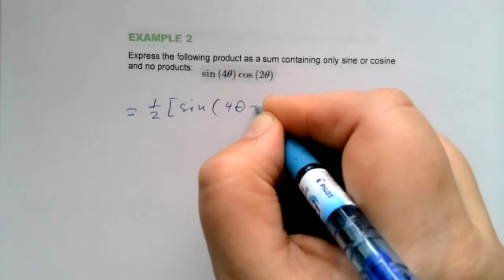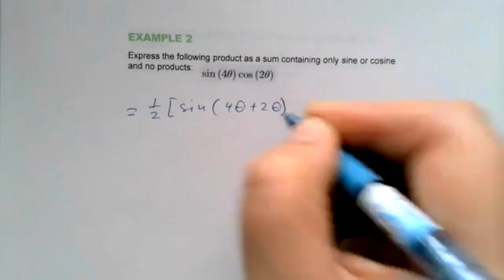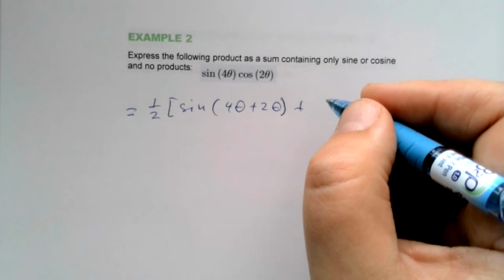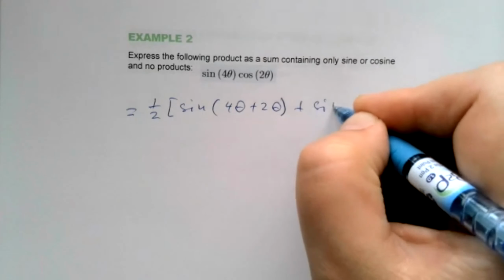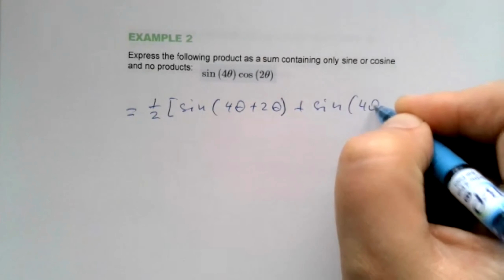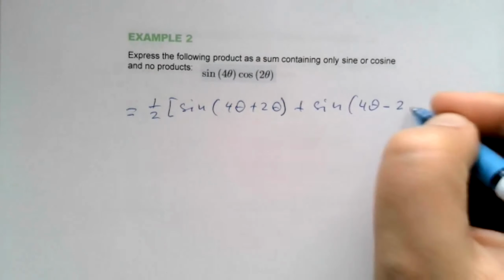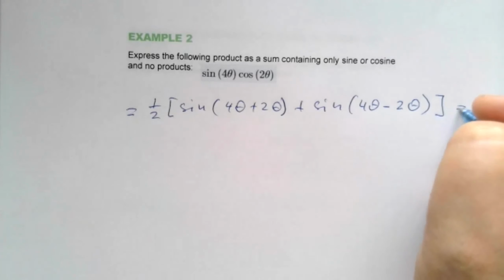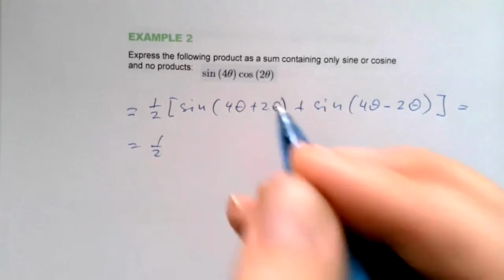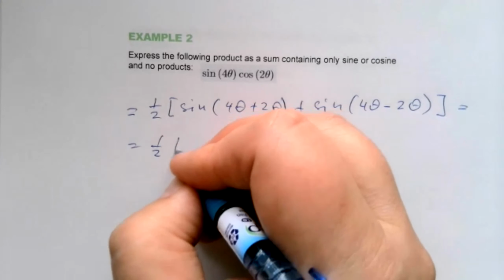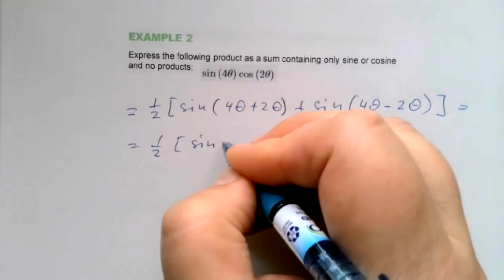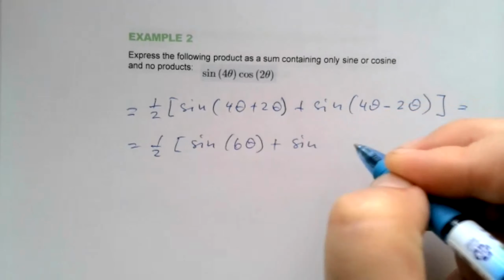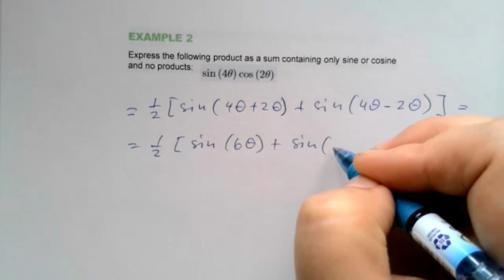So we have 4 theta plus 2 theta, plus sine of the difference, sine of 4 theta minus 2 theta. Okay, so we're going to have sine of 6 theta plus sine of 2 theta.